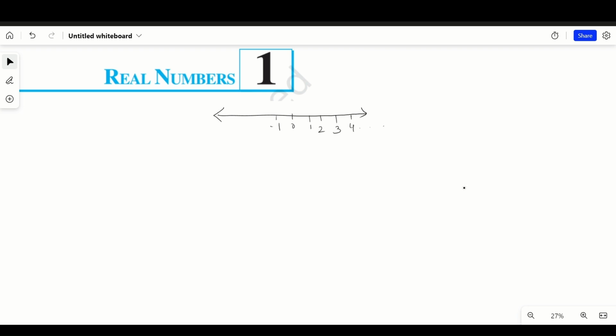For example, a real number means it can be a rational number or an irrational number, so anything. So here 0.2, see this, it is a real number, right?